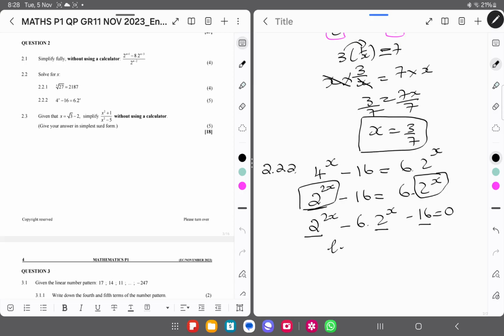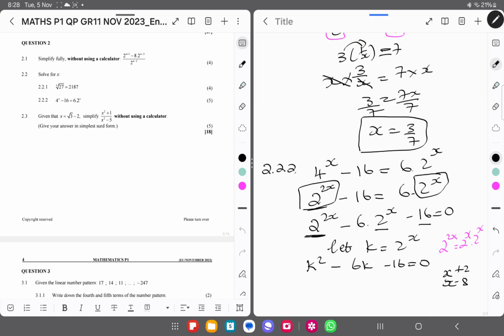So this is the k method. I can let k be 2 to the exponent x. Remember, 2 to the 2x is the same as 2 to the x times 2 to the exponent x. So the first term here will be k squared minus 6k minus 16 equals 0.